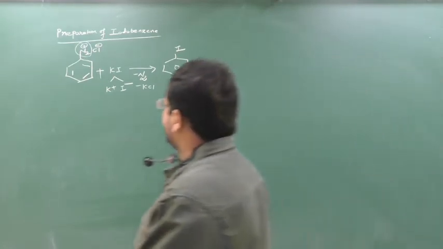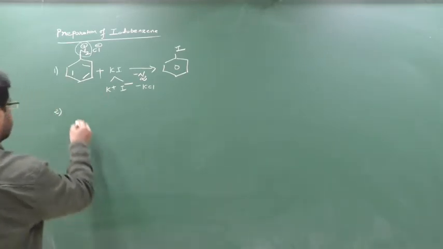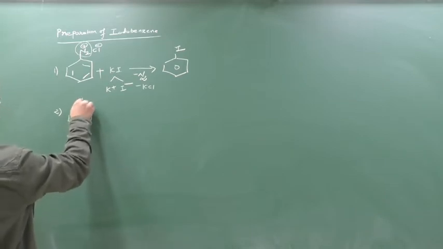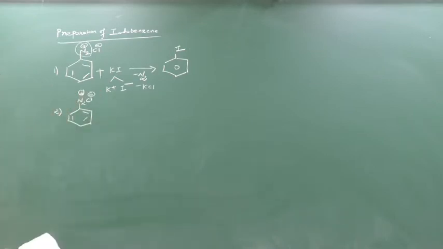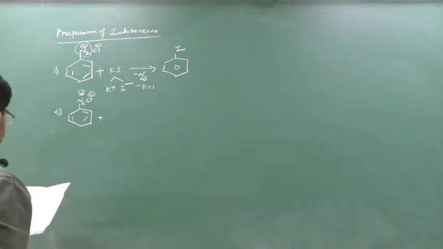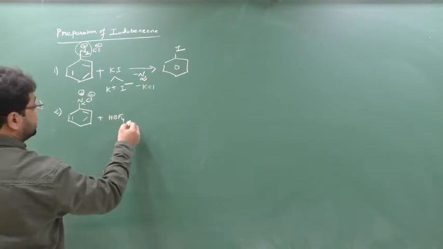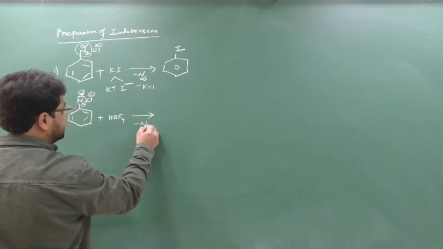Clear? Similarly, if you want to go for fluorobenzene, just remember the reactants. In fluorobenzene also you have to take the benzene diazonium chloride. Just remember what reactants we are adding to get what. For iodobenzene we are adding KI. To get fluorobenzene we are adding HBF4, hydrogen tetrafluoroborate. How? See here, this nitrogen entropy is supporting, so nitrogen gas will be removed.